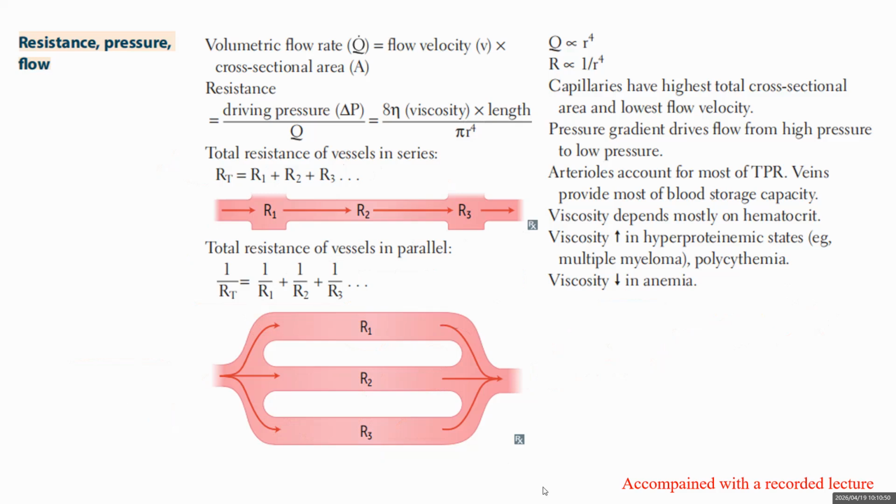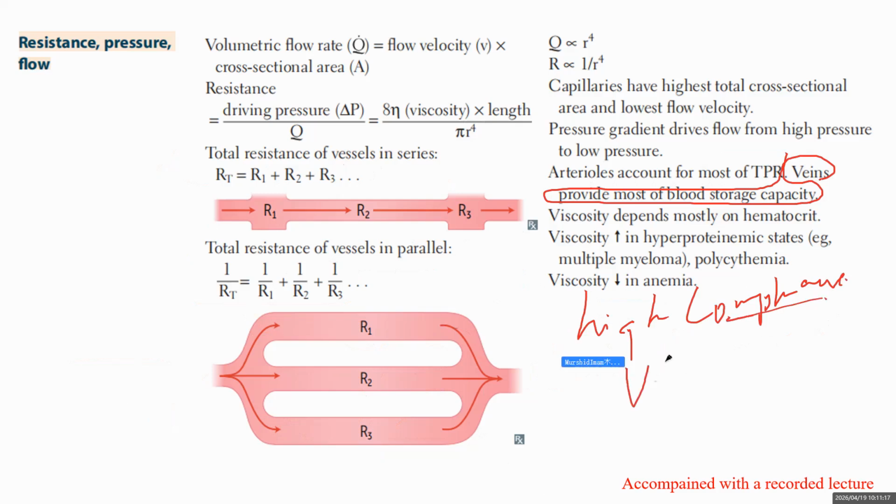Veins are also to be considered. Another key concept that we can learn is that veins are considered capacitance vessels. Why do the veins provide the most blood storage? Because these are the capacitance vessels, okay? And they act as capacitance because they have high compliance.